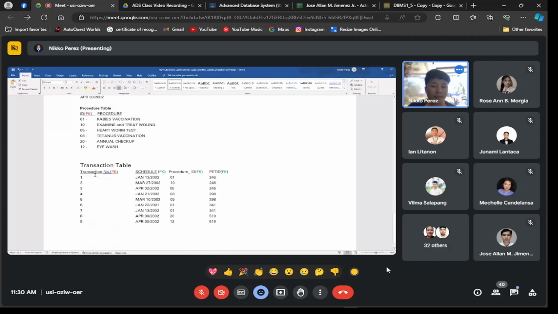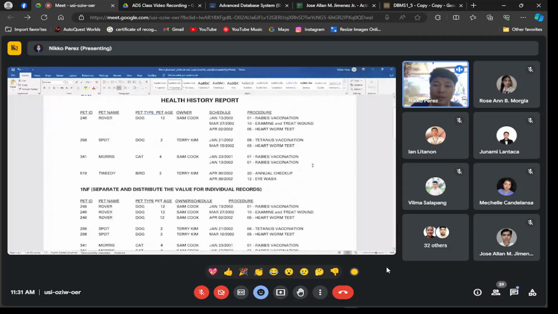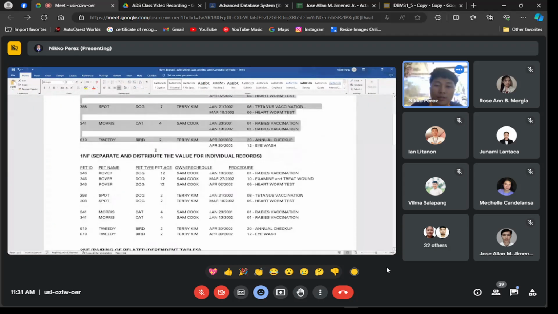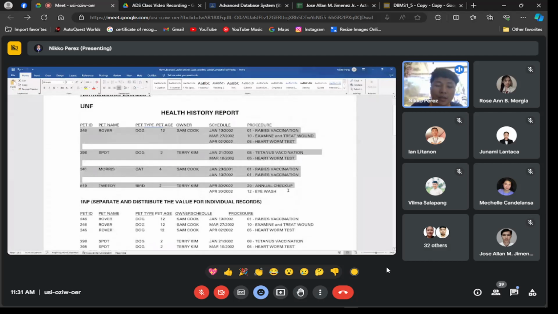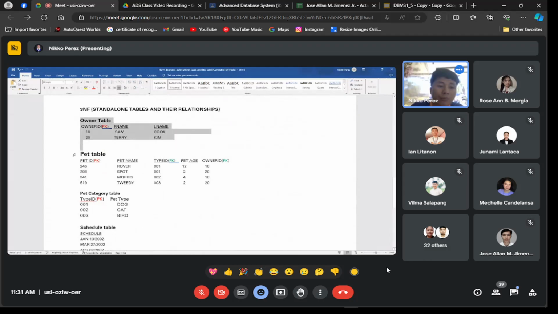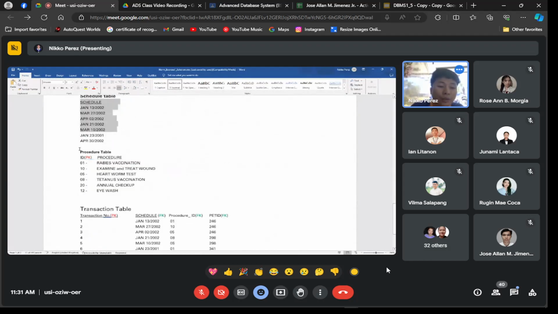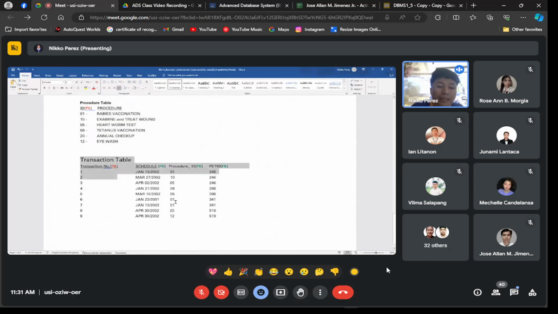So, let's check. By the way, I created a transaction table because this report is a transaction report for a health history, meaning it records the health history. The tables I placed in the third normal form help us craft the same output we saw in the unnormalized form.